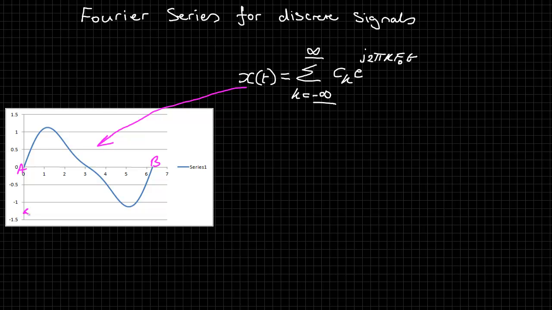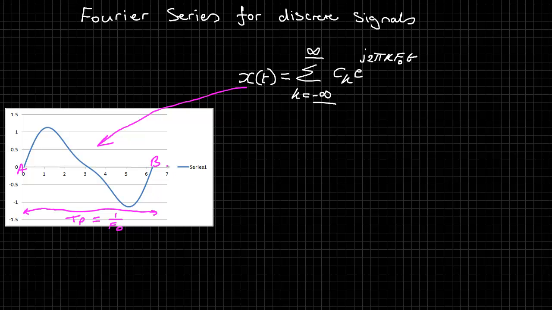The other thing we can say is that the period, the fundamental period, is of course between A and B, and we will use the same symbols as we used previously for the continuous case, and we said that the fundamental period is equal to Tp, and of course the fundamental period is the reciprocal of the fundamental frequency, which was 1 over f0. So let's write down that relationship.